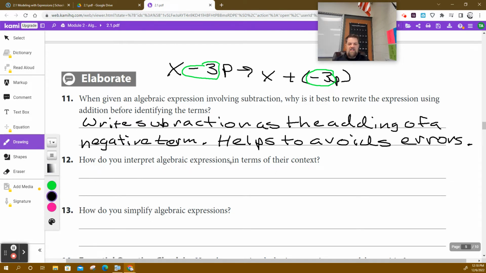How do you interpret algebraic expressions in terms of their context? You just have to identify the parts.